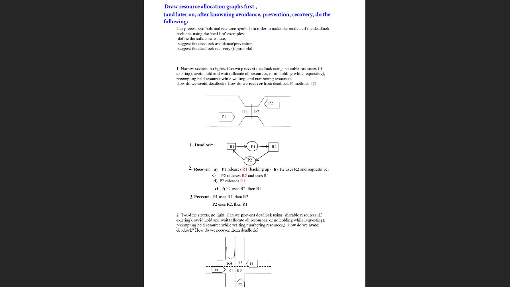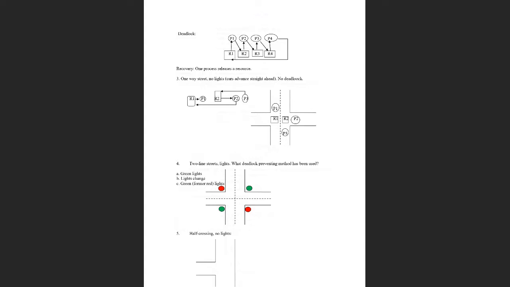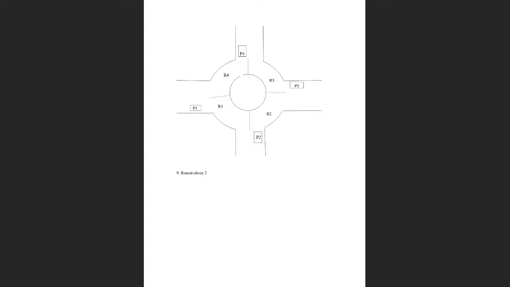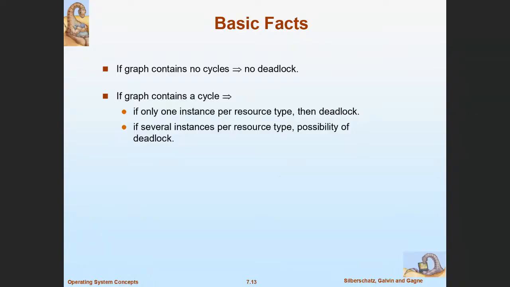Once we are done with the notions of deadlock avoidance, prevention, and recovery, we will get back to those models of street crossing. Interesting is the roundabout, because you remember the roundabout is avoiding deadlocks.